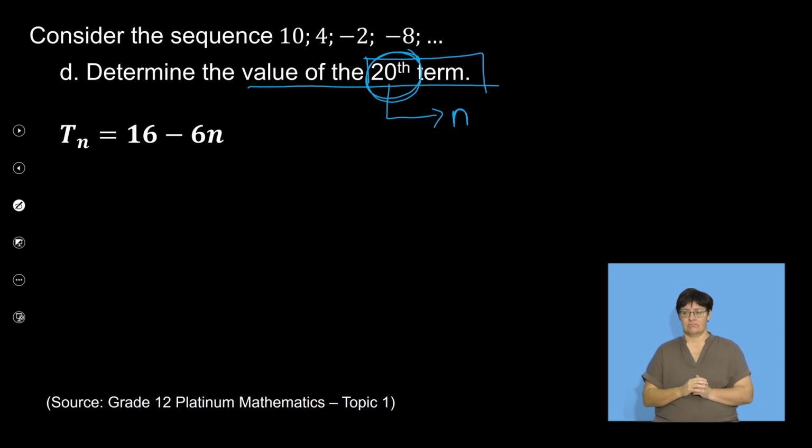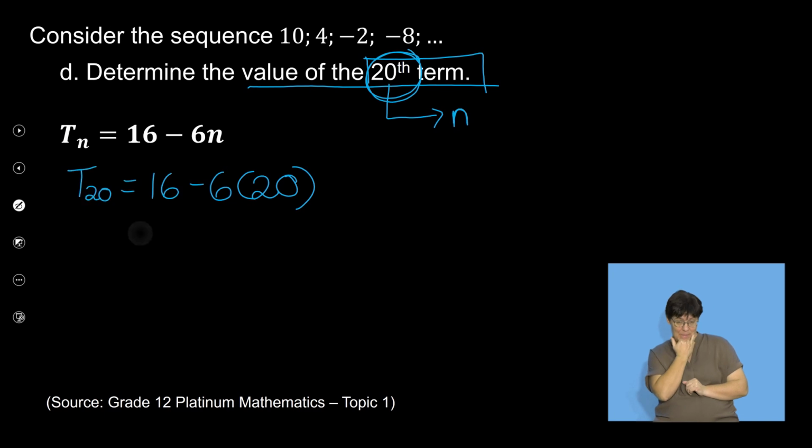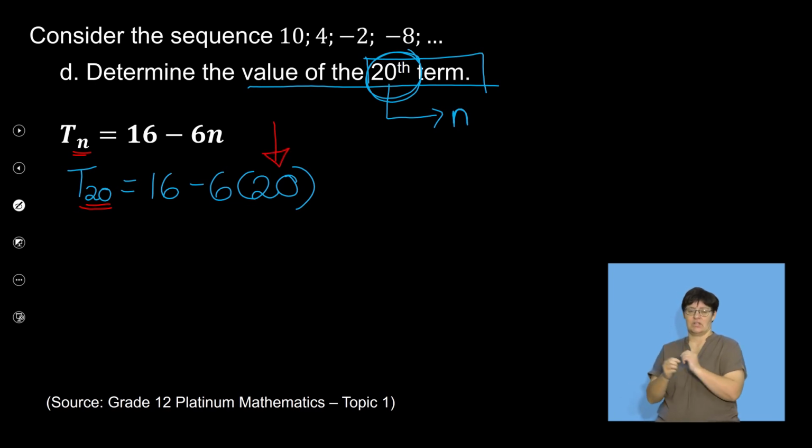T20 is equal to 16 minus 6 times 20. I hope everyone's happy with what I've done: I've used the subscript of n being 20, and substituted n is equal to 20 in order to find the value of the 20th term.